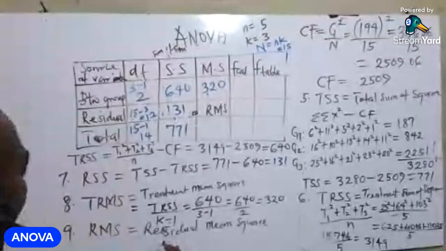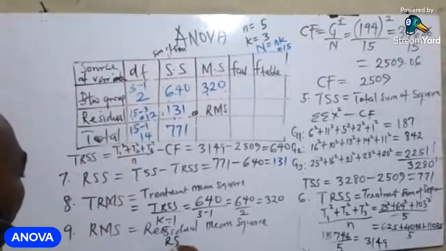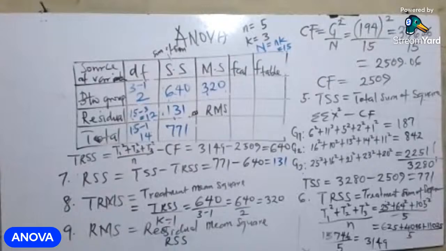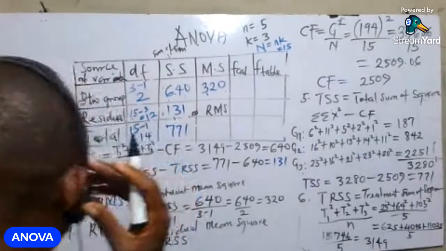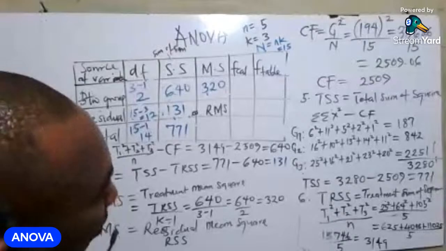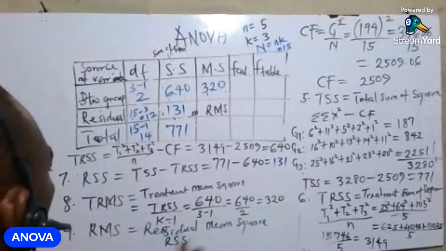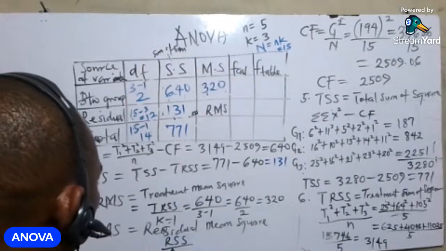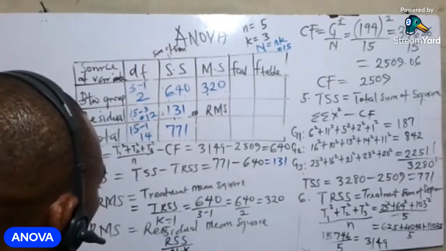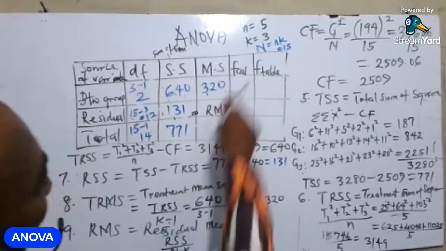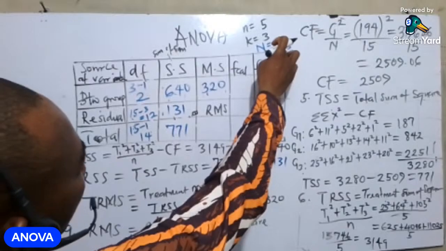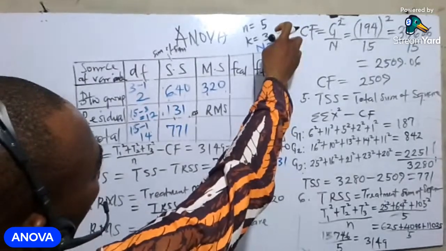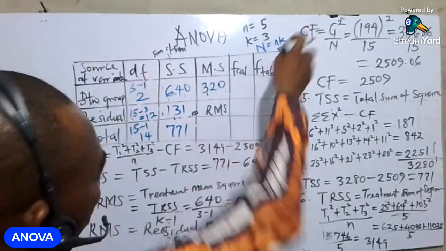Residual mean square is your RSS, which we have got before. RSS is to be divided by N minus K, where N is the number of observations and K is the number of groups.